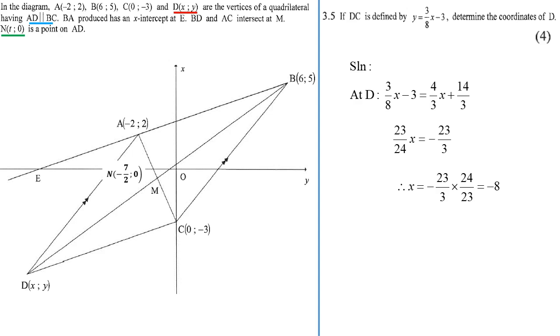Then you take minus 8 and substitute it in any of the equations because they are equal at this point. So you can either substitute it in 3 divided by 8x minus 3, or you can substitute it in 4 divided by 3x plus 14 divided by 3. Either way, the answer will still be the same. But it is important to choose a simplified version of the equation.